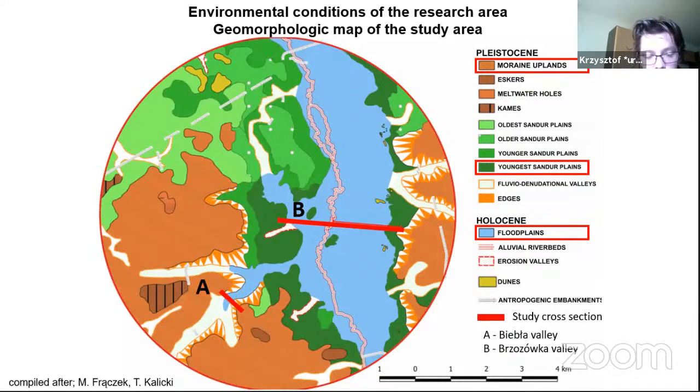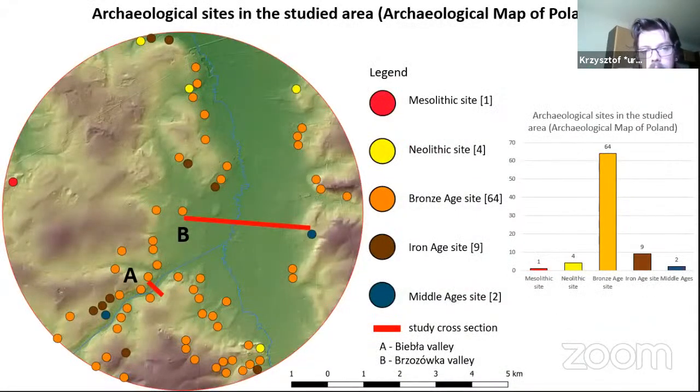The Brzozówka and Biebła Rivers lie between two belts of moraine uplands, and the rivers used a shallow depression. From the archaeological map of Poland data, the data shows that the area was inhabited and used by humans mainly in the Bronze Age.